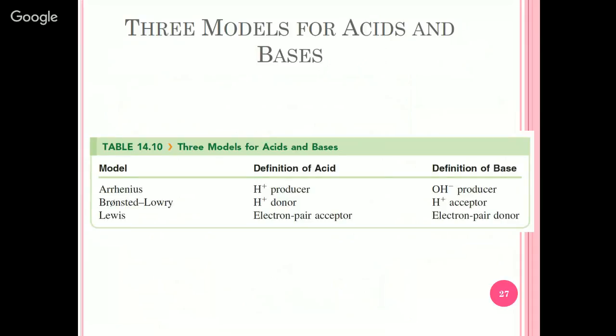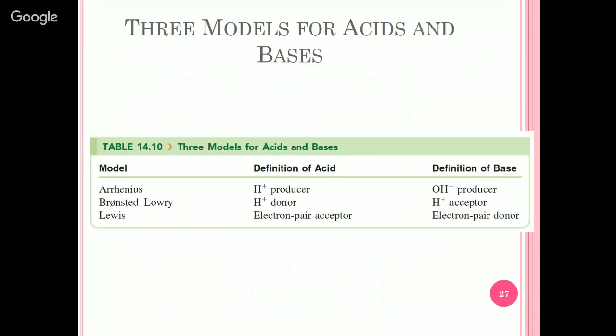So just to review our three models for acids and bases, we have Arrhenius, which says we increase the protons in solution if we're an acid, we increase the hydroxide ions in solution if we're a base. Bronsted-Lowry says I'm a proton donor if I'm an acid, or I'm a proton acceptor if I'm a base. And then Lewis says I'm an electron pair acceptor if I'm an acid, I'm an electron pair donor if I'm a base.